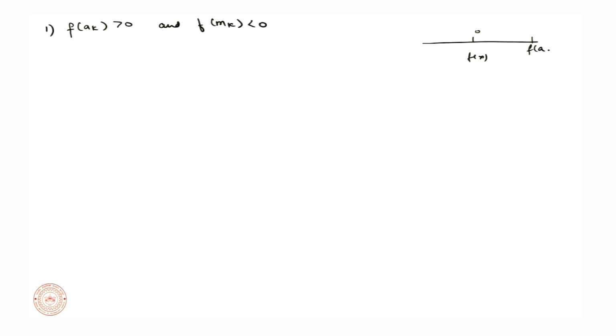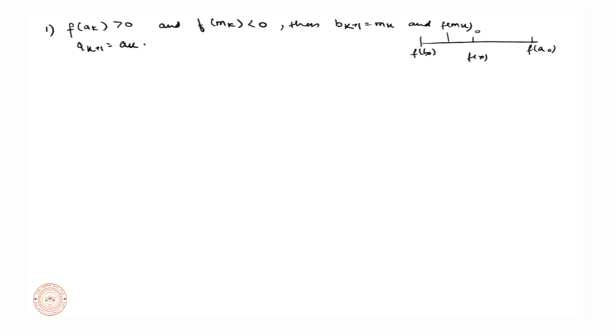This is f of a 0 say, and this is f of b 0. So your f of m is over here. Then we will redefine our b of k plus 1 as m of k, and a of k plus 1 will be equal to a of k.